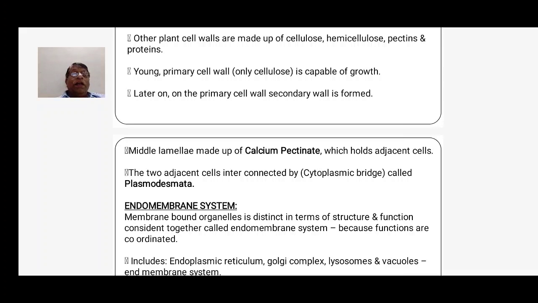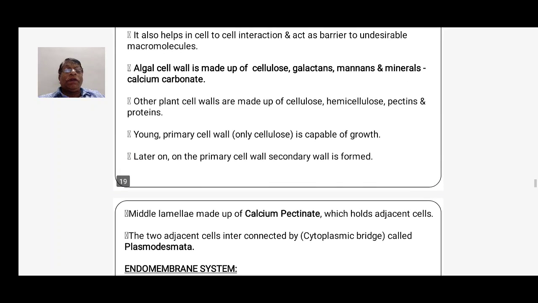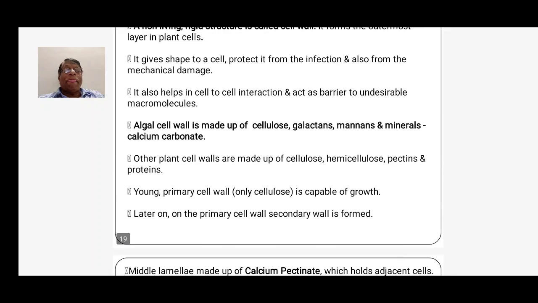Okay. Now let us study a few points regarding the function of cell wall. The cell wall, being the outermost layer, protects the cell from infection and also from mechanical damage.